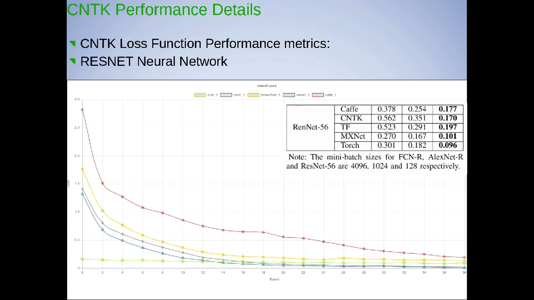Here in this slide we see CNTK performance details on ResNet. As you can see in the slide, Torch is the fastest. In the ResNet-56 performance benchmarking test, the mini-batch sizes for ResNet-56 are 4096, 1024, and 128 respectively.